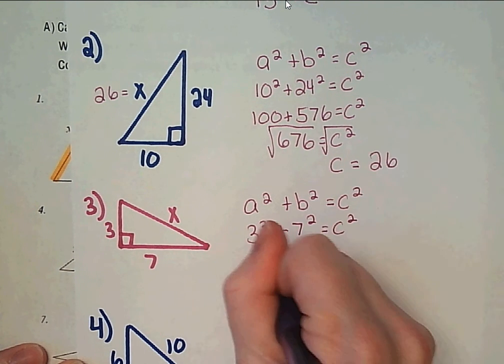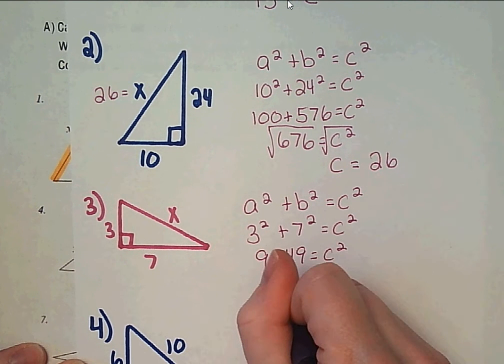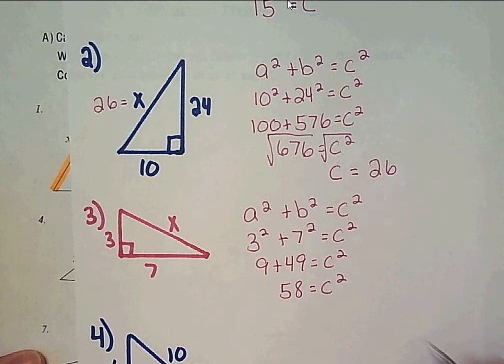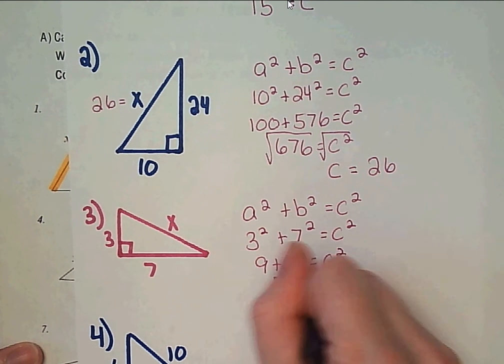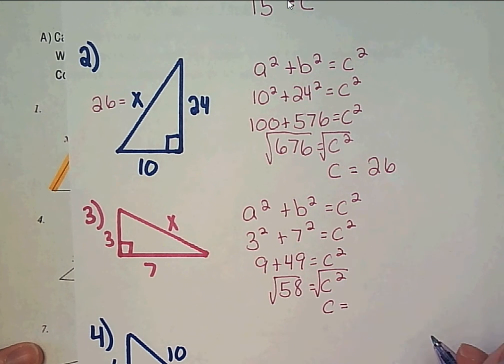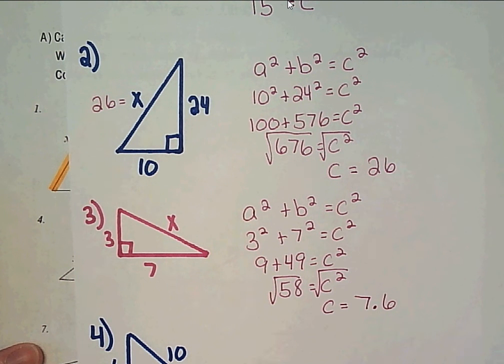So we have 9 plus 49 equals c squared. We could add it up: 58 equals c squared. We take the square root of 58, and our missing hypotenuse, now we actually don't have a whole number for this one, should be 7.6. I rounded to the nearest tenth just to make it a little bit easier for today.